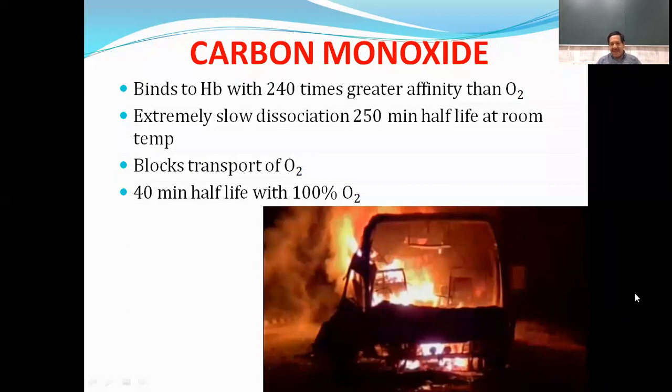And if you see the dissociation, it is extremely slow, 250 minutes half-life at room temperature. It blocks the transport of oxygen. The half-life can be reduced to 40 minutes with 100% oxygen.